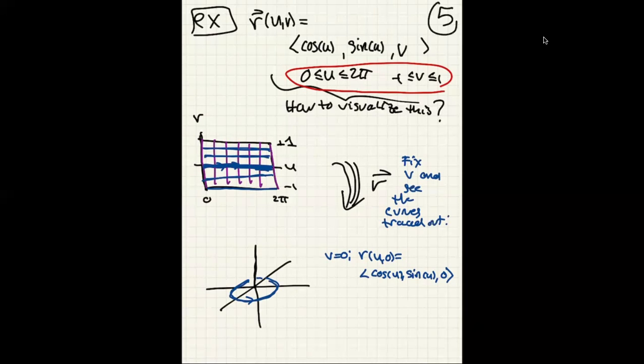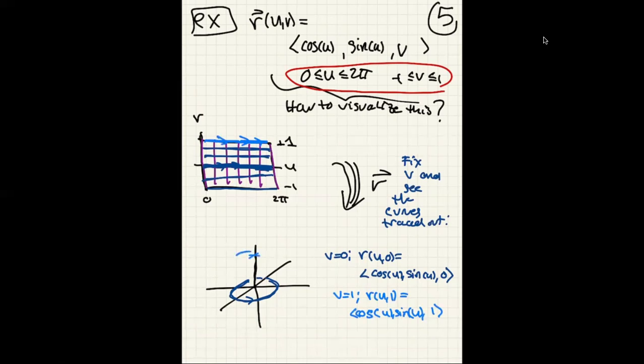If I want to do V equals 1, I'll do that in a slightly different blue. I want to see where R takes this lighter blue curve. R of u comma 1 is equal to cosine of u, sine of u, but now my height is fixed up here at 1. So I get the same picture: a circle of radius 1, but now at height 1. And down here, the lowest curve is taken to the circle at height -1.